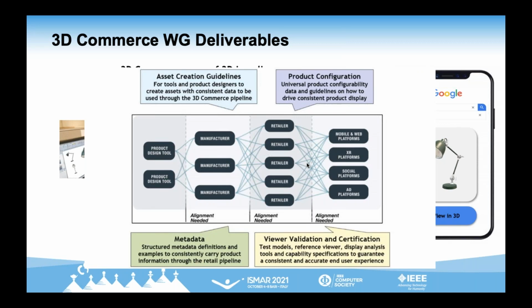So the deliverables include asset creation guidelines, product configurators, and a lot of different kinds of structured metadata, to make sure that through the pipeline, as this asset moves through either AR visualization or the purchase of a product, there's always a way to see the very same asset, that it never changes or deteriorates as it's moving through these different phases of 3D commerce.